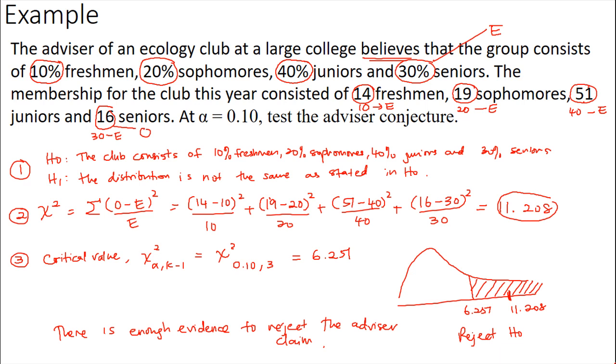That means the distribution is not like what the advisor claims. Okay, so that is the first part, the use of the chi-square distribution or chi-square test. There are three more subtopics, three more tests where we can use the chi-square distribution.